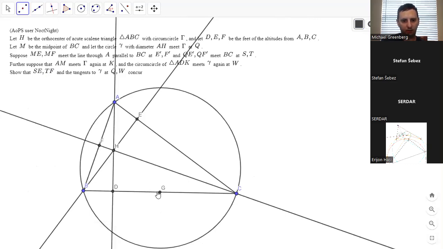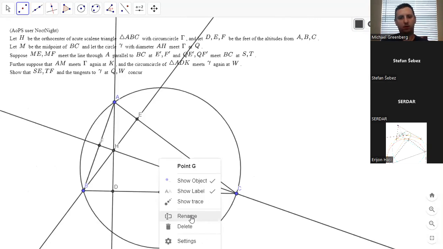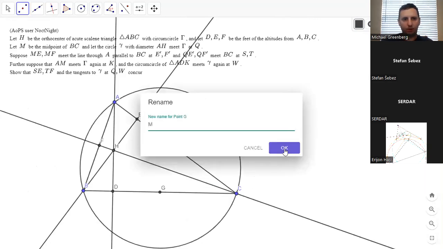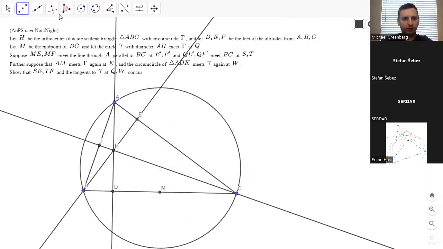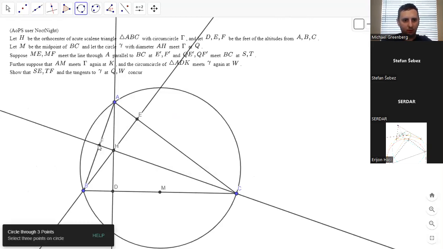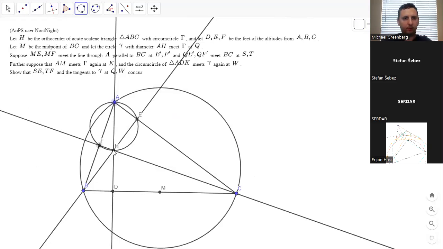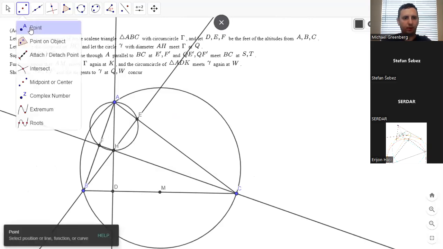And then we draw the circle with diameter AH, and it meets it at Q. So Q, H, and M are collinear, that's well known.